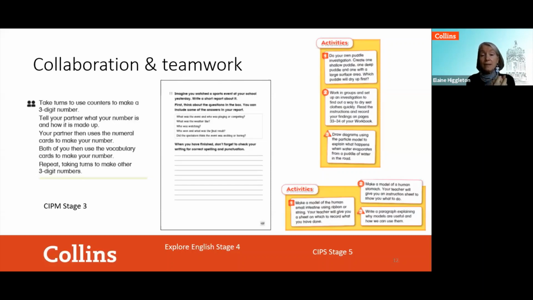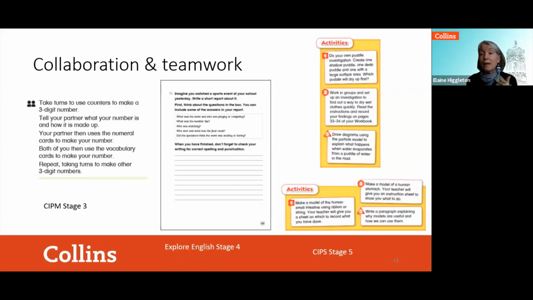The second example in the middle is from Explore English, which is our primary English as a second language. We're asking students to think about questions and then to discuss those questions with their partners. And the next examples are from International Primary Science. If we look at the top example, do a puddle investigation.